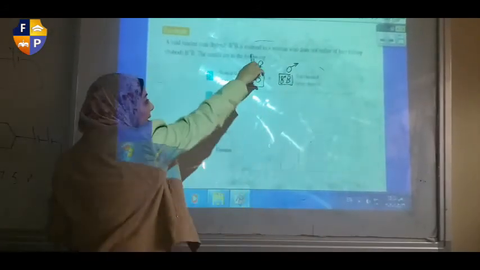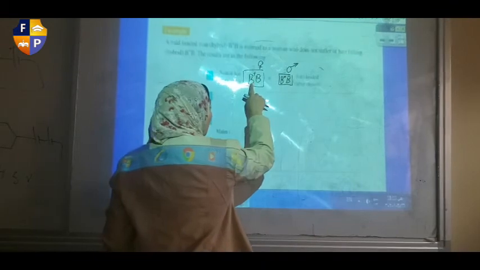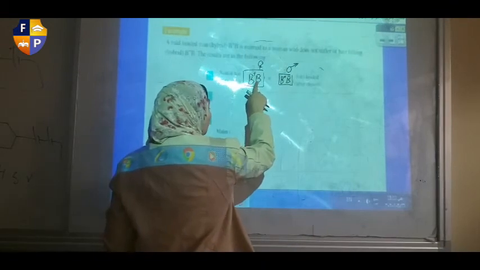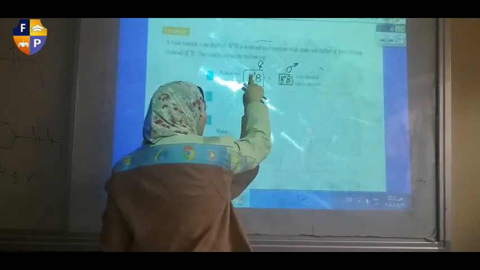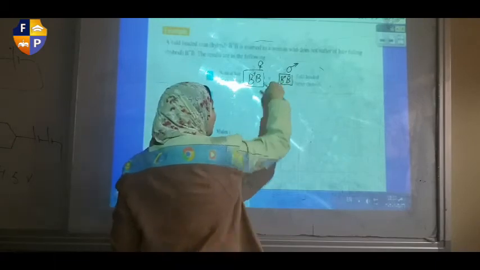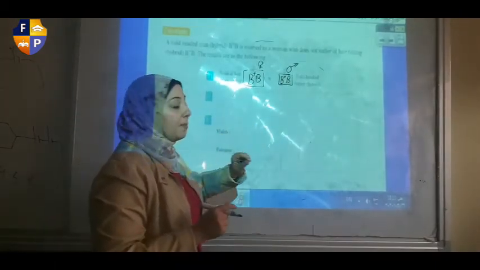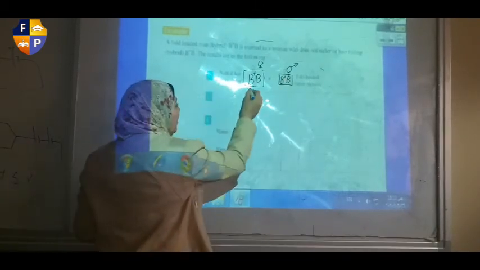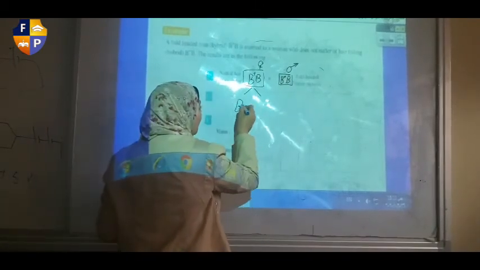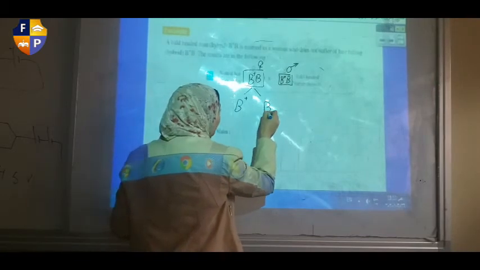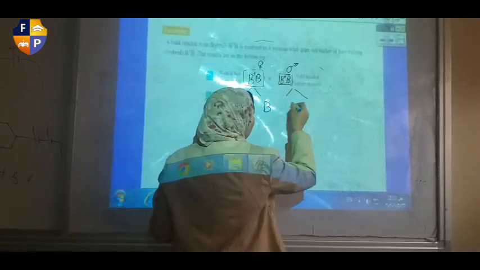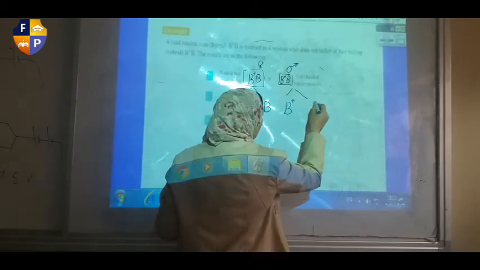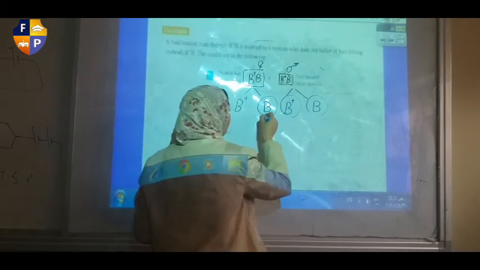If the female carries a hybrid genotype, B carrying one sign of positive, and the male is bald and hybrid, carrying one sign of positive, the gametes will be B carrying the positive sign and B without, and B carrying positive or B without.